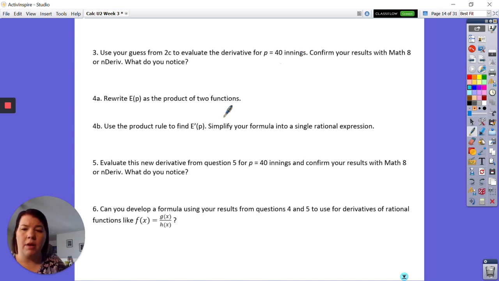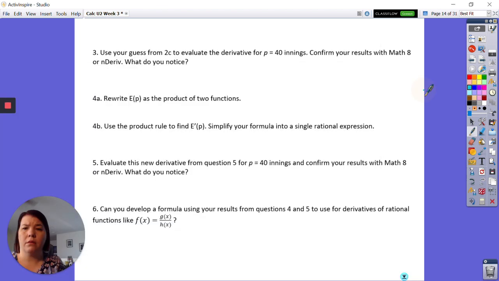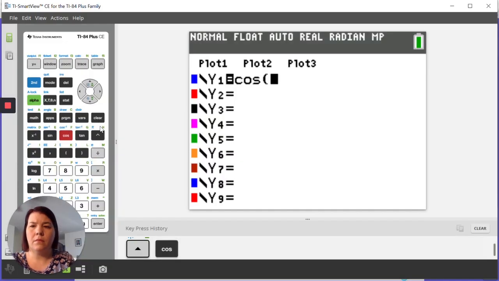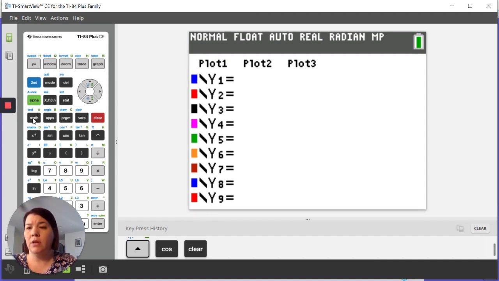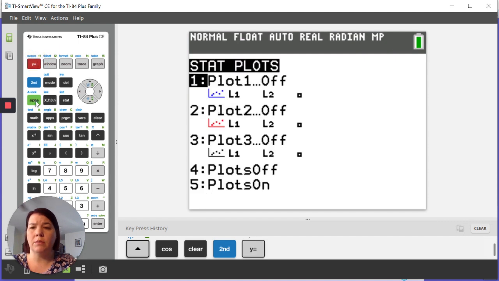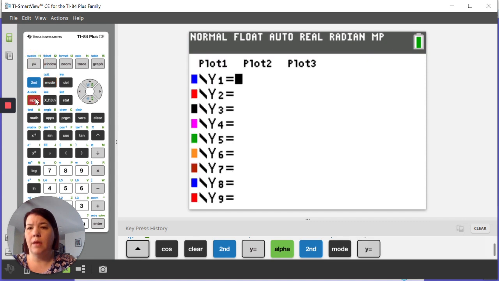I'm going to go ahead and get my calculator open. I'm going to put that equation in here. To get the fraction, I click alpha, y equals.